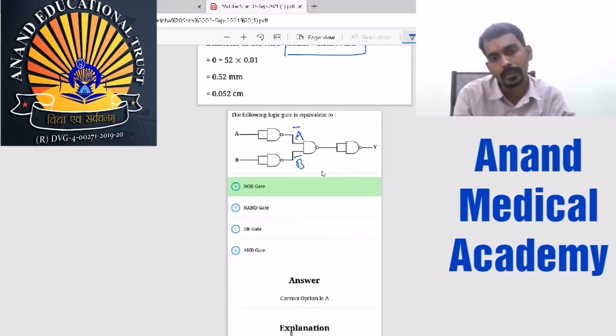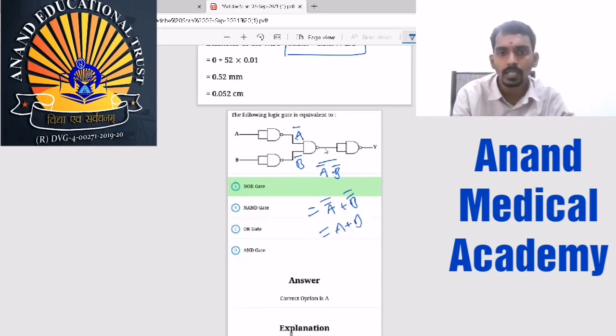Now that is joined to a NAND gate, means A bar dot B bar whole bar. Now this will become A bar bar plus B bar bar, that means A plus B.